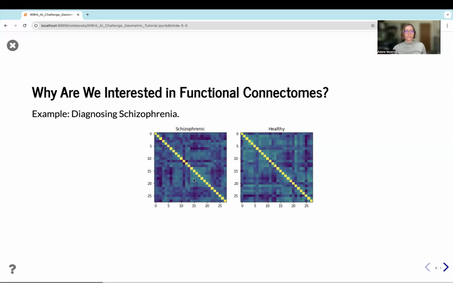And already just looking visually at the schizophrenic connectome versus the healthy connectome, we see that the healthy brain has a lot more connections than the schizophrenic brain does. So we see that the functional connectome can be used to distinguish between a healthy brain or a schizophrenic brain.